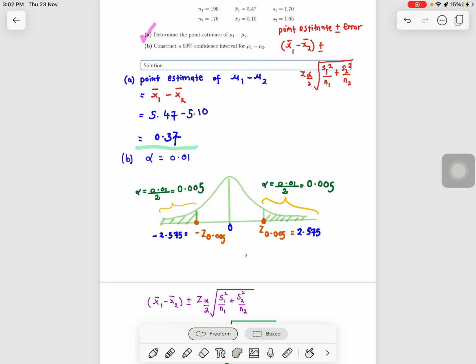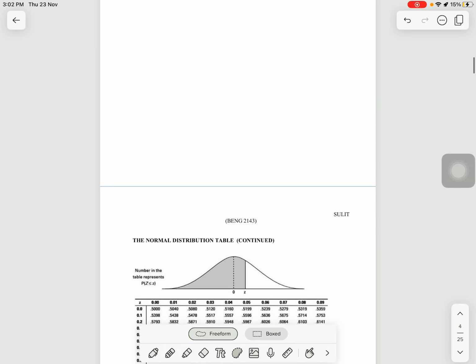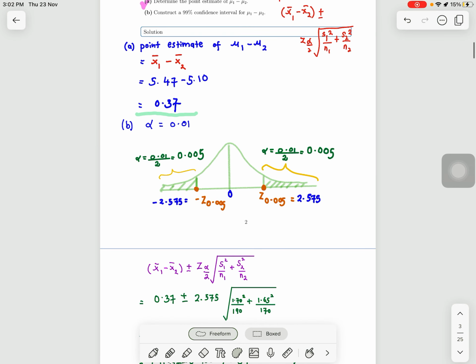Okay, I will help you how to get this one. So remember, the area after we divide by 2, we get this value 0.005. Right, so I draw it a bit bigger. Okay, 0.005 is the same here too.